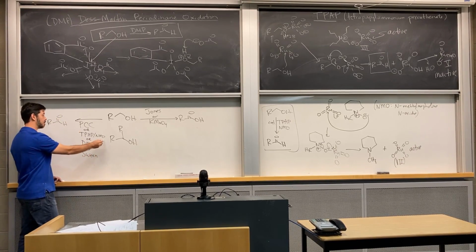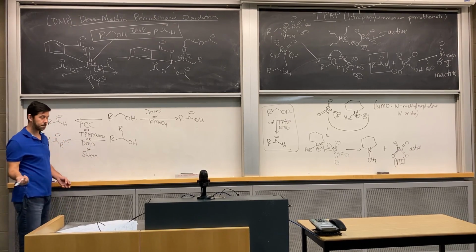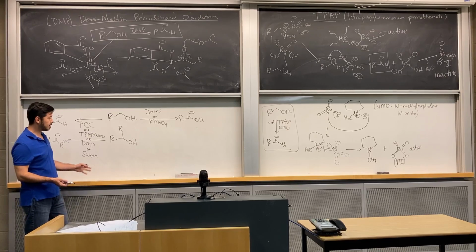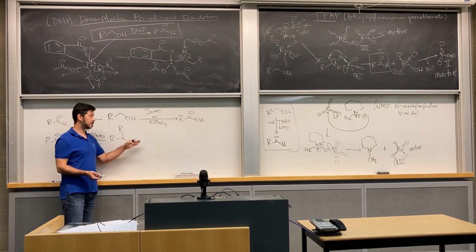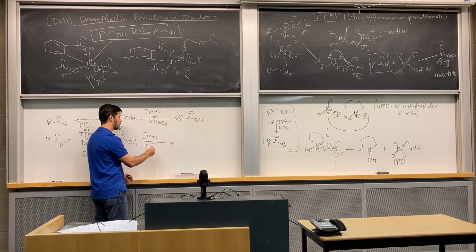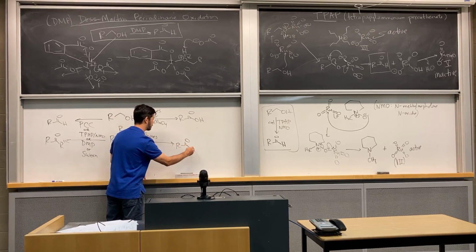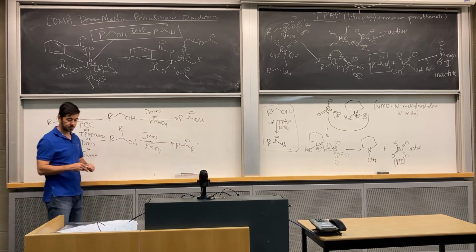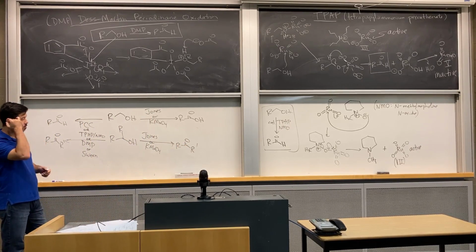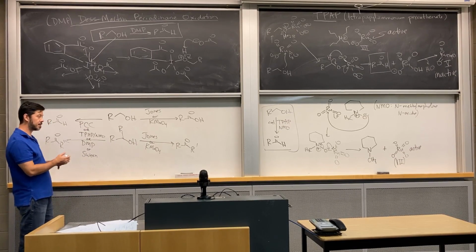Okay, and this also works really well for secondary alcohols because you will generate a ketone. And finally, if you take secondary alcohols and you undergo these same conditions like Jones or KMnO4, you will also generate the ketone.